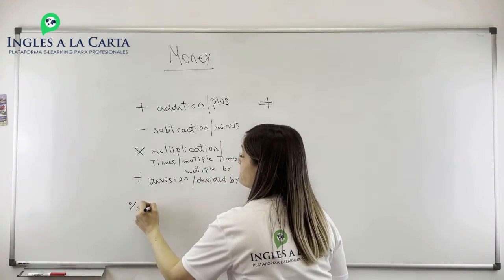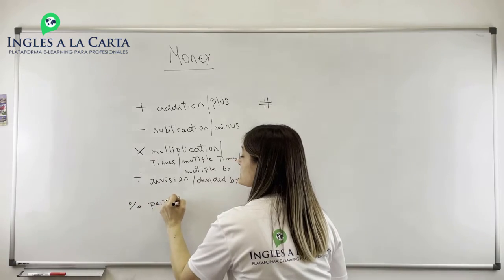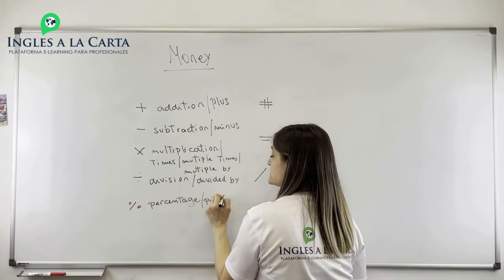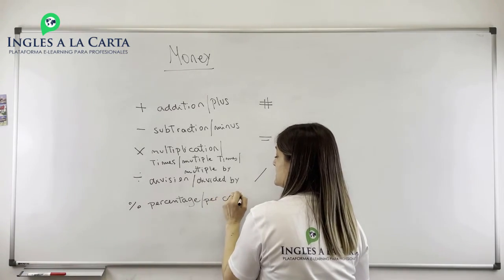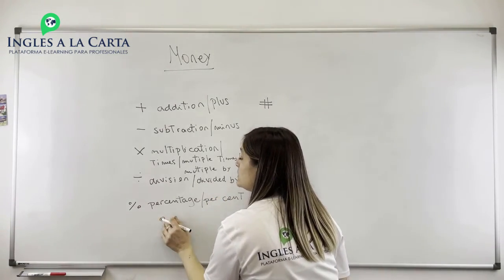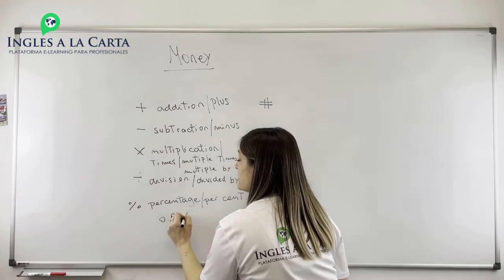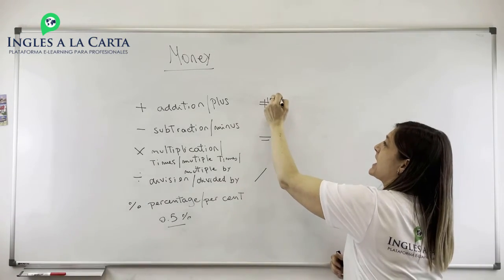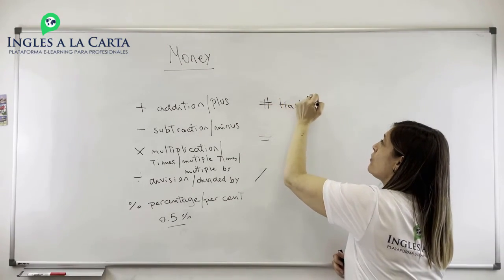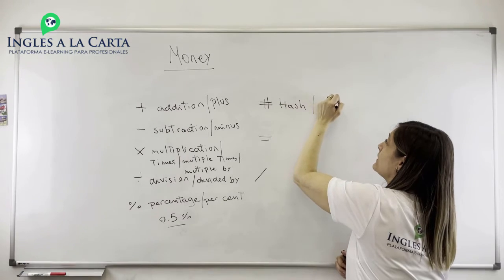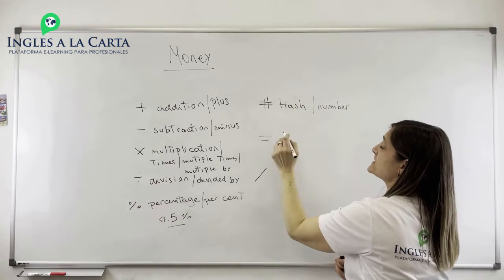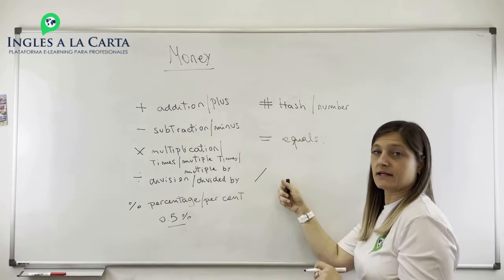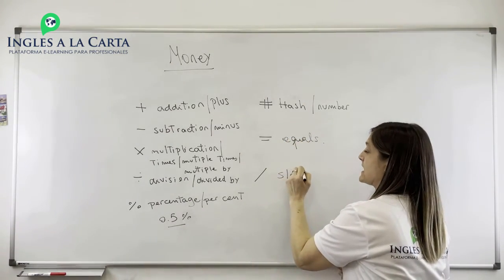Here we have a percentage, and this is the percent. As I said before, 0.5%. Okay, here we have, this is a hash or number. Okay, this is equals, and this is a slash.